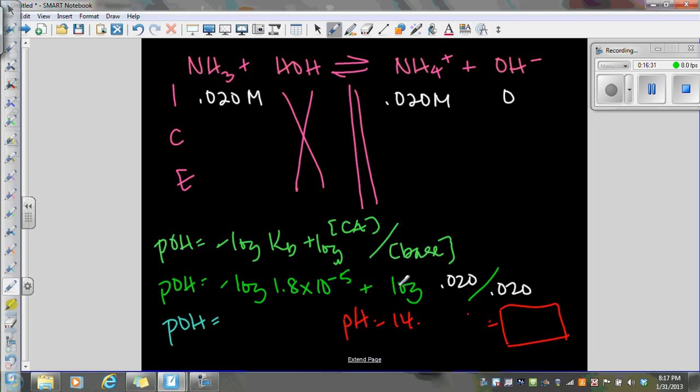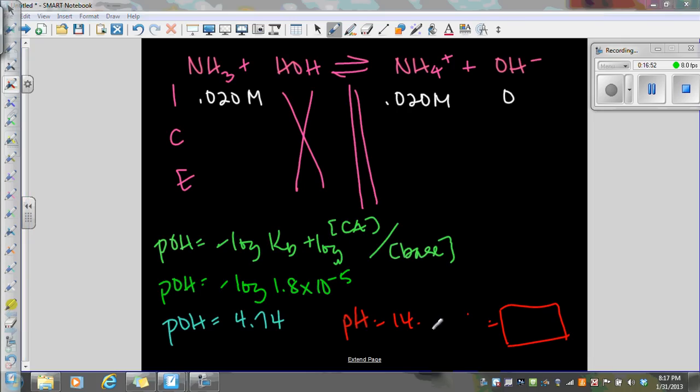So this term will be 0, and I'm really just going to get rid of it. So pOH is equal to the negative log of 1.8 times 10 to the negative 5th, which is 4.74. So our pH is 14 minus 4.74, which gives us 9.26.